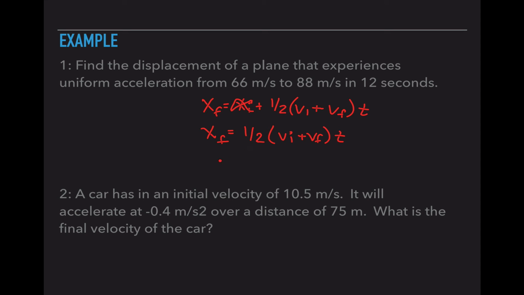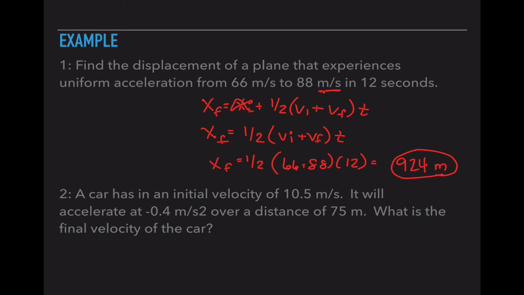We have VI, we have VF, and we have T. So the final position is 1/2 times 66 plus 88 times 12. And once we go through and calculate all of that information, we can find out that the final position of this plane is 924 meters.